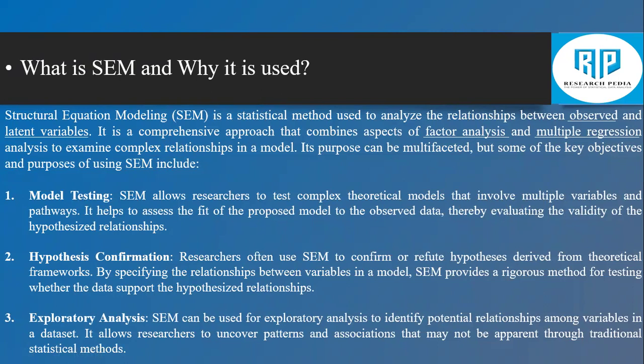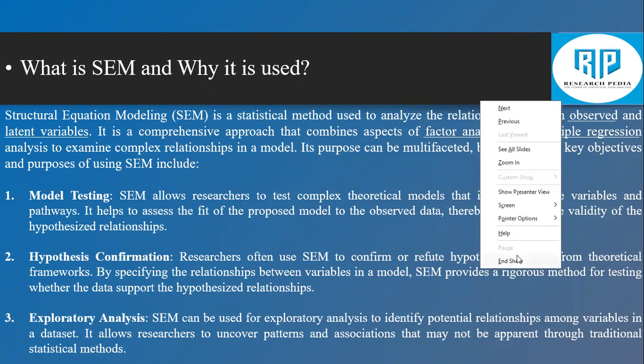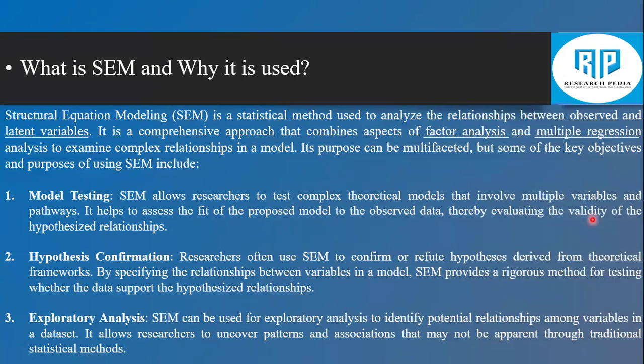SEM is the full form of structural equation modeling, and it is a statistical method which is being used to analyze the relationship between your observed and latent variables. Observed variables are basically your indicators, your dimensions or your factors that are directly measured using your scales like a 5-point Likert scale, 7-point Likert scale.